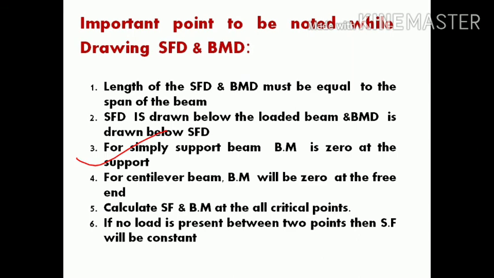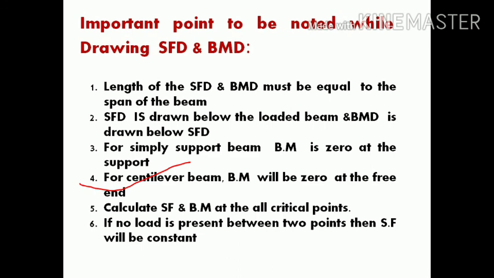The moment is load into distance, so when we find the moment at a point about that point, the length is 0, then even if a reaction or load is acting over it, load into length is equal to 0. That's why in a simply supported beam, the BM is 0 at the support. In a cantilever beam, the BM is also 0 at the free end in the same manner.